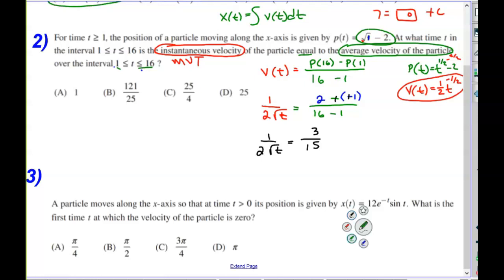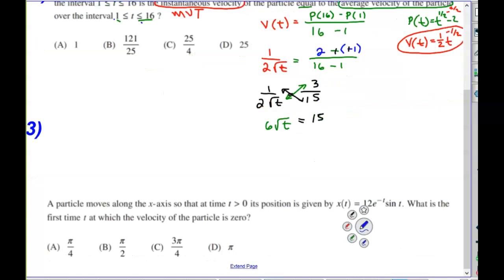Now you have a fraction equals a fraction. What I would do is cross multiply. 3 times 2 is 6 square roots of t, and that has to equal 1 times 15. And then if I divide by 6, I get 15/6, but I'd reduce that by dividing by 3, 5/2.